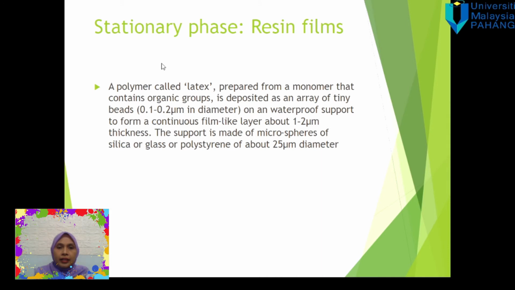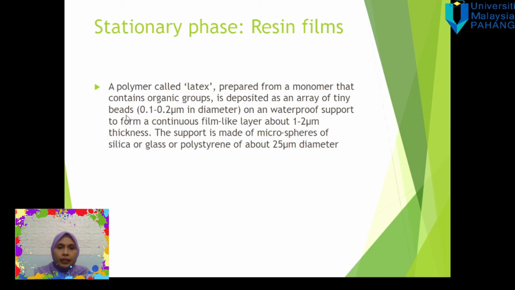And other than silica gel, resin films also can be used, by a monomer containing inorganic groups deposited on the beads and a waterproof support to form a continuous layer 1 to 2 micron thick, and microsphere silica or glass polystyrene about 25 micrometer in diameter.